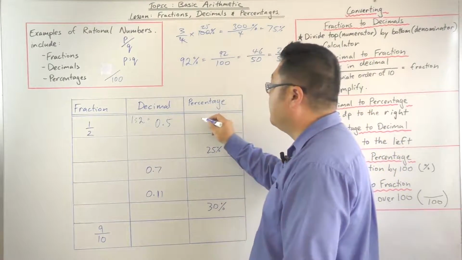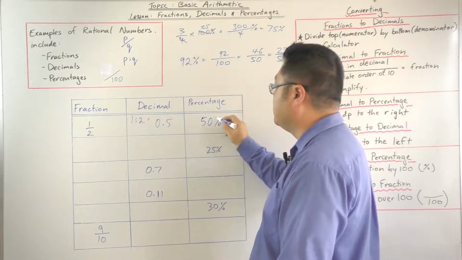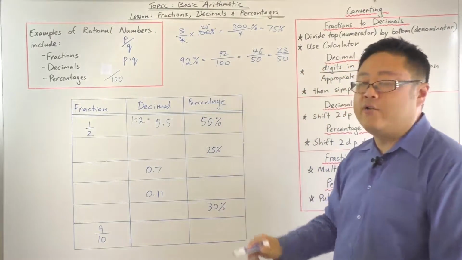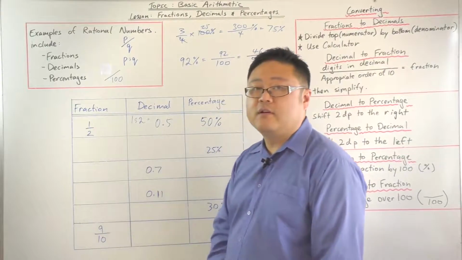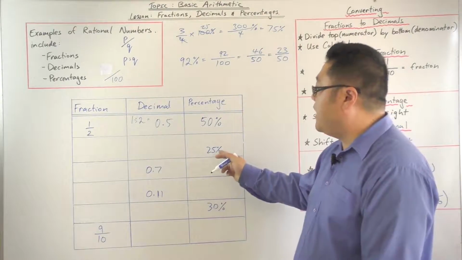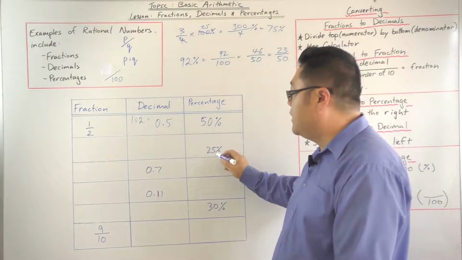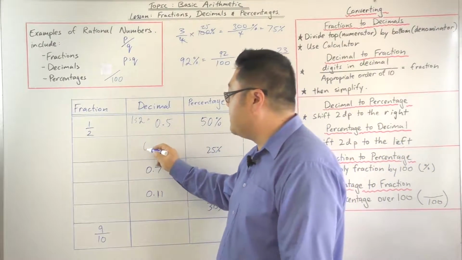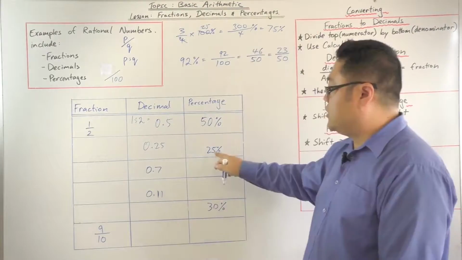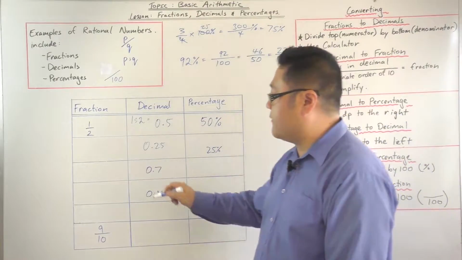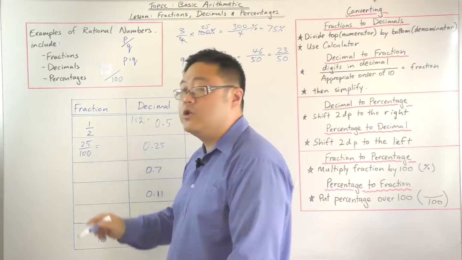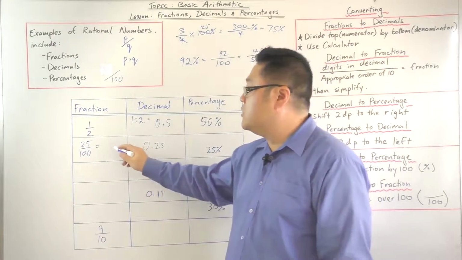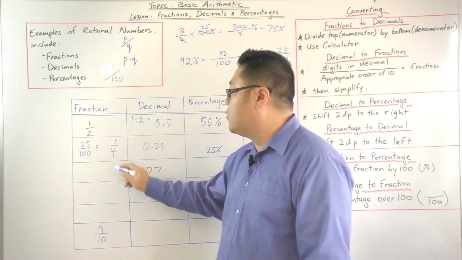Right, it's 50%, okay? So 50 over 100 is equal to a half. Got it? All right, 25%. Right, as a decimal, it's just a matter of moving the decimal place back 2 spots. So it ends up being 0.25. 25 over 100 will be your fraction, which can be simplified to 1/4.